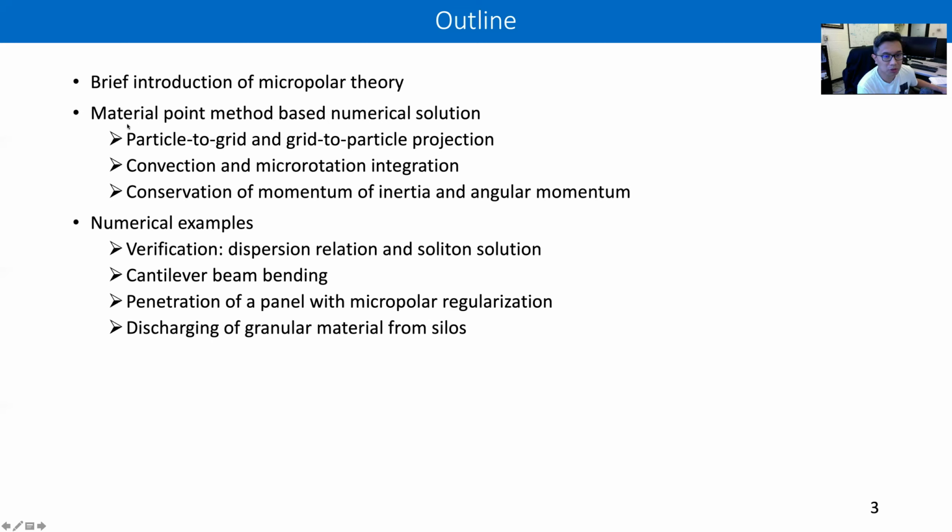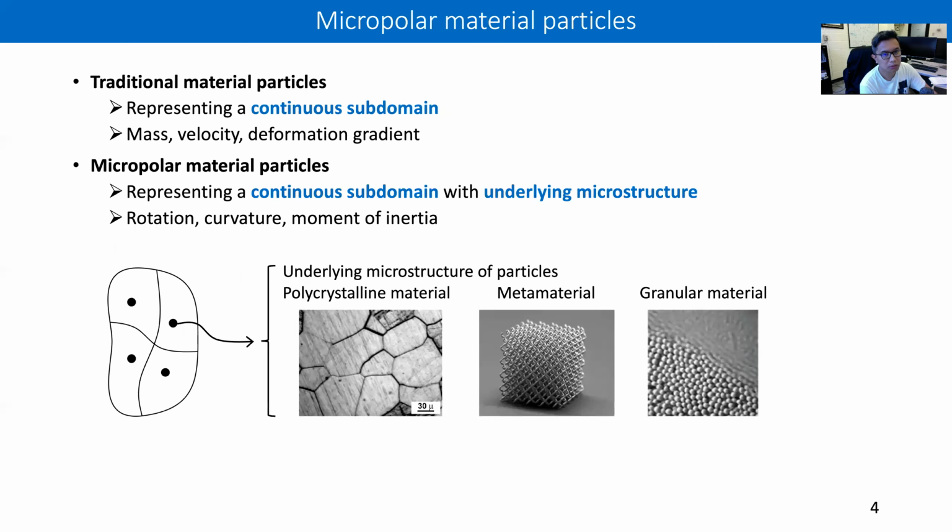And I would also show a few numerical examples to illustrate why micropolar regularization could be helpful and important for problems that involve granular material and other types of geomaterial that have internal structure.